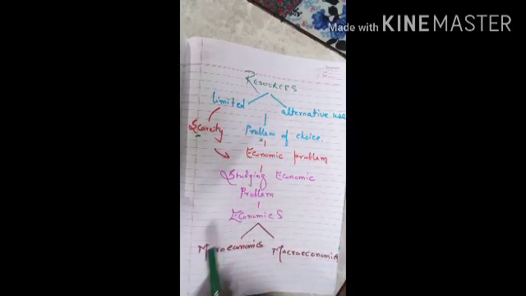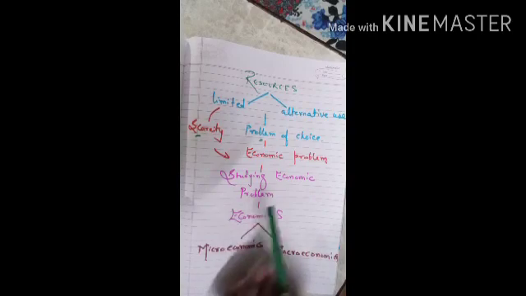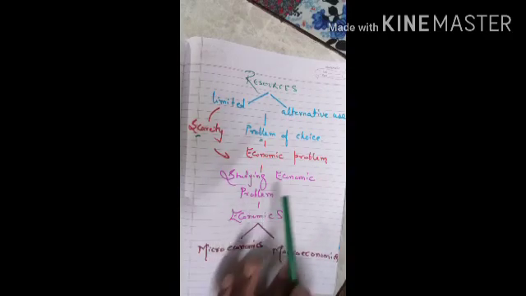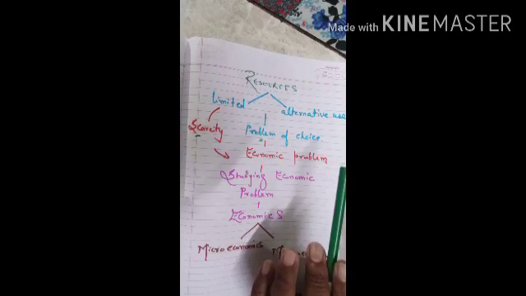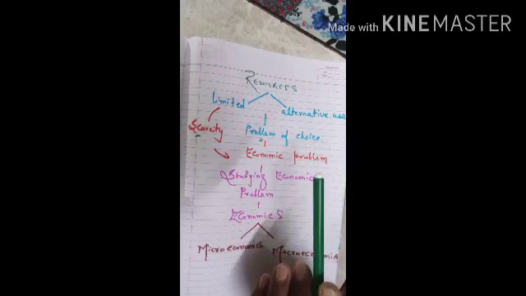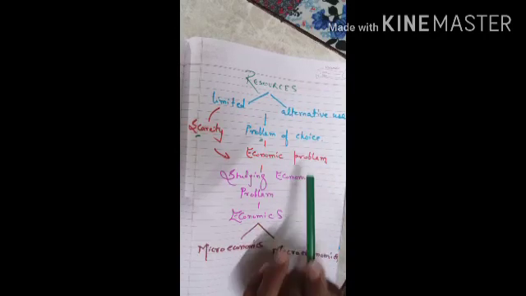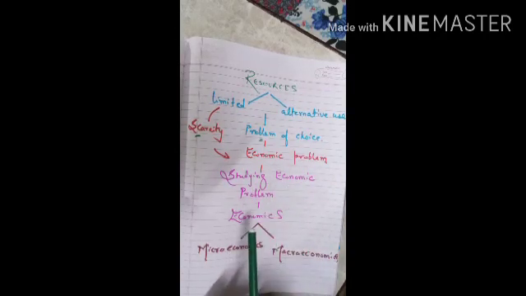So whether a producer or a consumer, they do face this problem, and studying economic problems is economics. So limited resources have alternative uses which lead to the problem of choice, which is referred to as the economic problem, and studying economic problems is termed as economics.